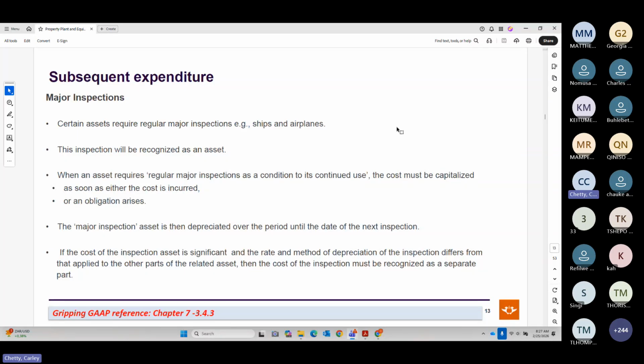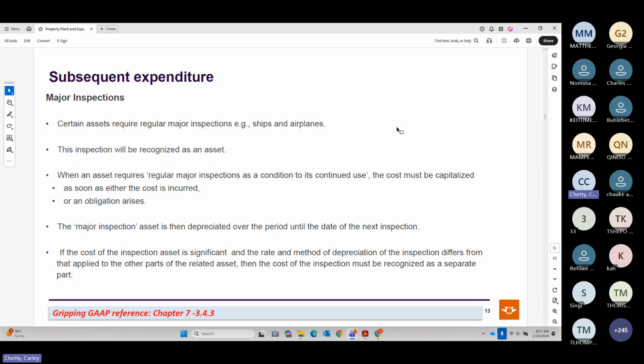So the major inspection is going to be recorded as an asset, and then it's going to be depreciated over the period until the date of the next inspection. If the cost of the inspection asset is significant and the rate and method of depreciation of the inspection differs from that of the other parts, then the cost of the inspection is going to be recognized as a separate part.